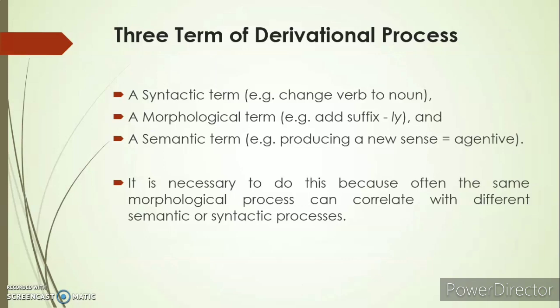And the third is a semantic term, for example, producing a new sense like adjunctive. It is necessary to do this because often the same morphological process can correlate with different semantic or syntactic processes. We will illustrate this in the next slide.